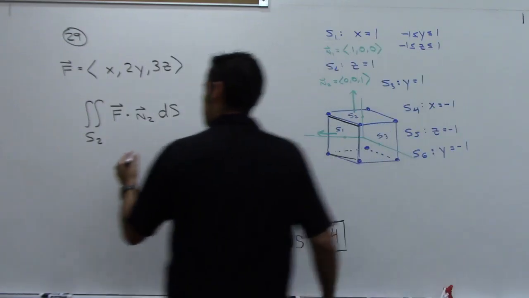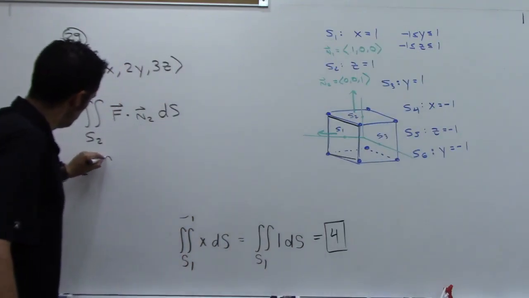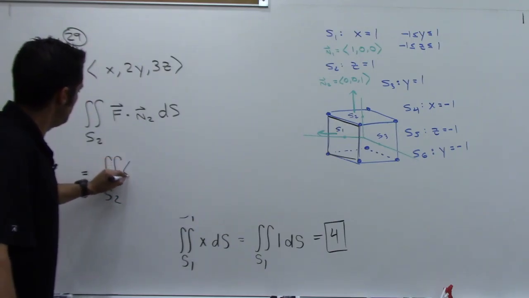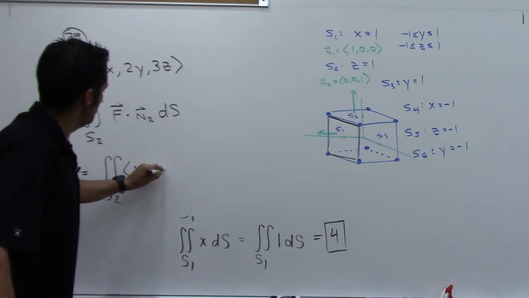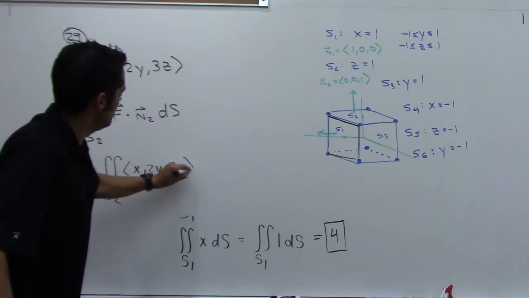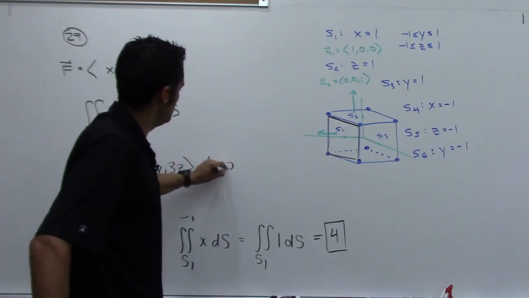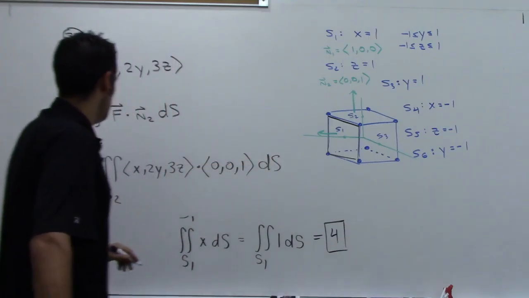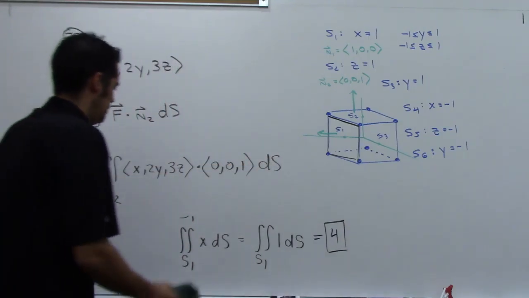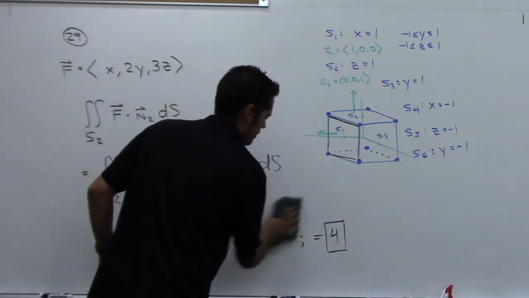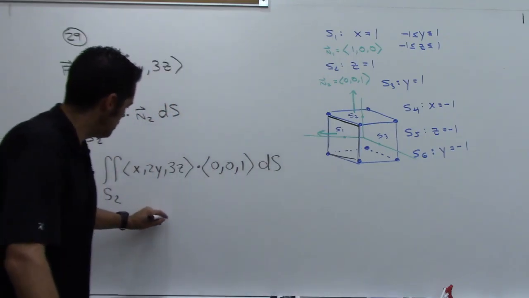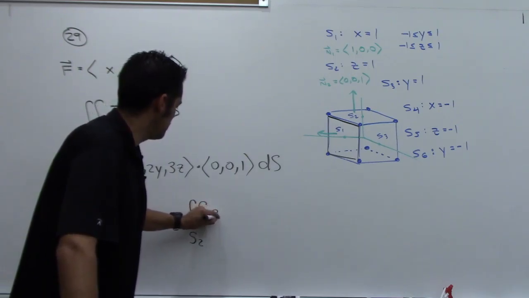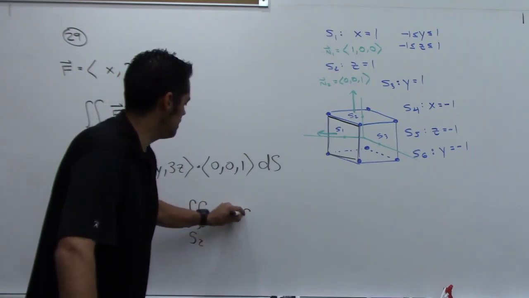And so this becomes the double integral over S2 of (x, 2y, 3z) dotted with (0, 0, 1) dS. And that just gives you 3z. So we get the double integral over S2 of 3z dS.